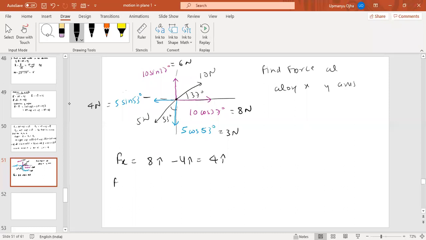Similarly, Fy will be 6 j cap minus 3 j cap. This will come as 3 j cap. Correct now?